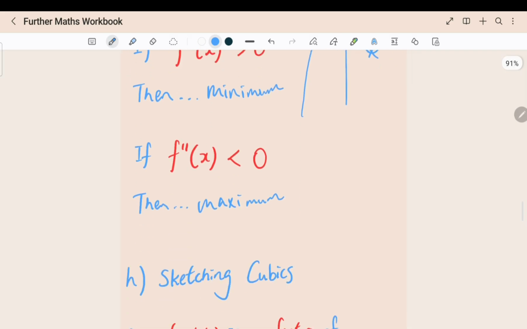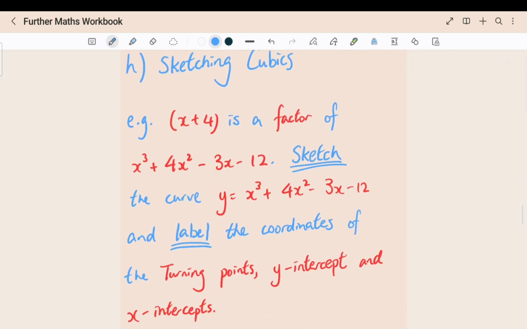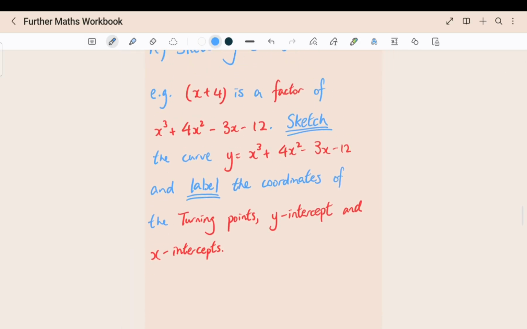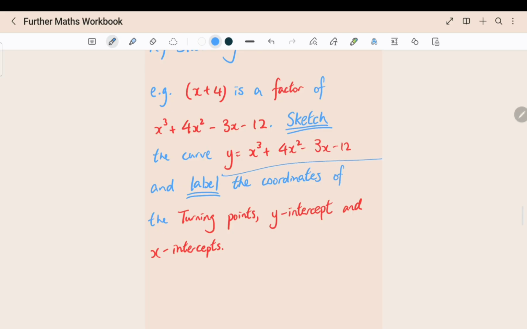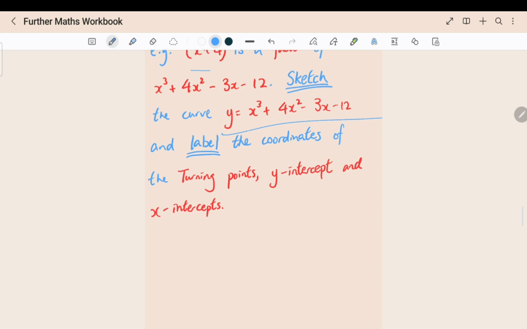Okay, finally, this is basically combining all the skills that you've learned, but in a very complicated way. So we want to sketch this cubic. And we know that x plus 4 is a factor. So I think what we need to do is to factorize this thing first.